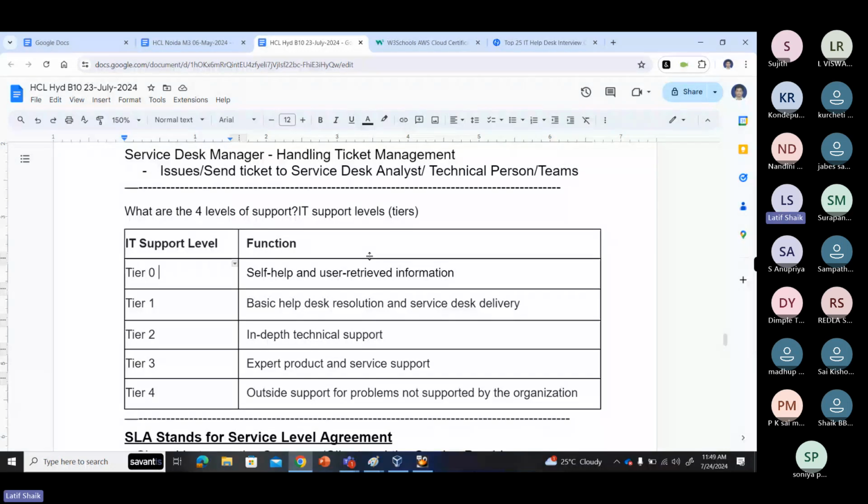L2 is not given directly to anyone, because experience, knowledge, and domain-specific knowledge are required.